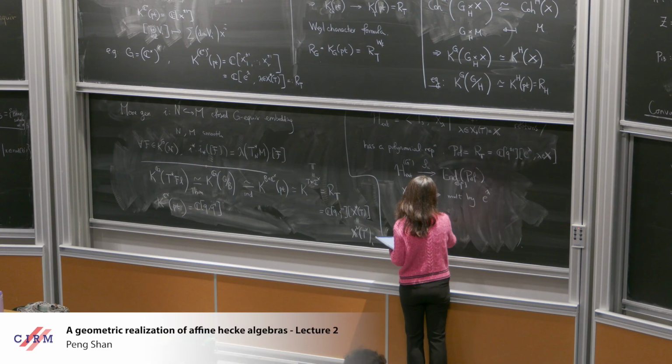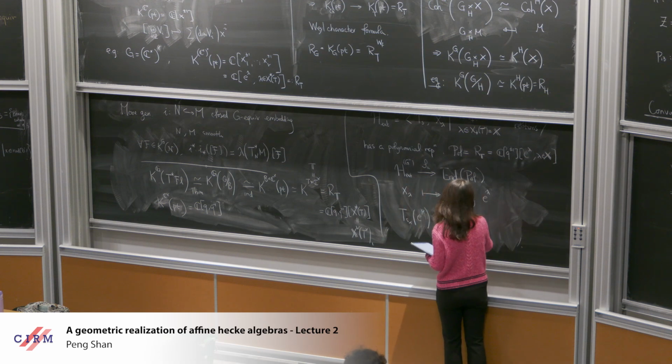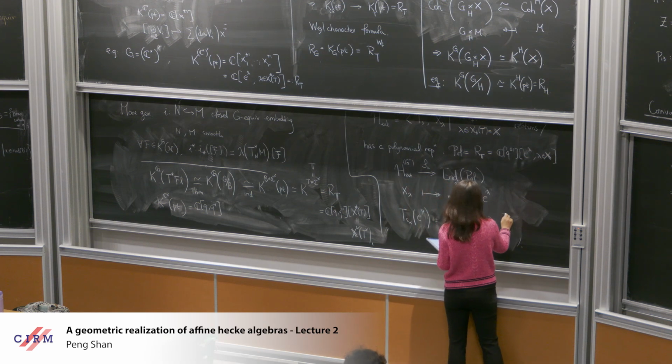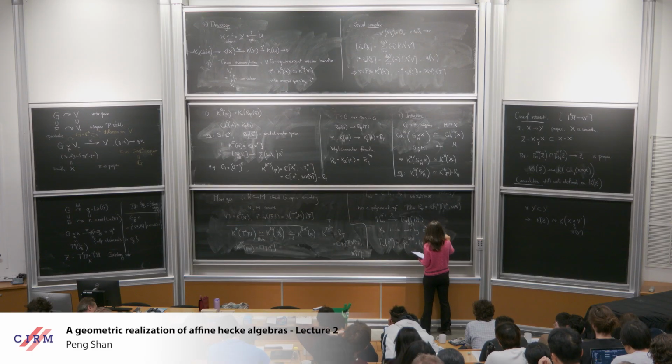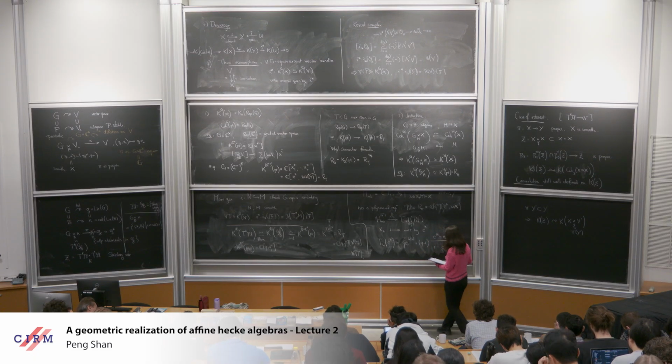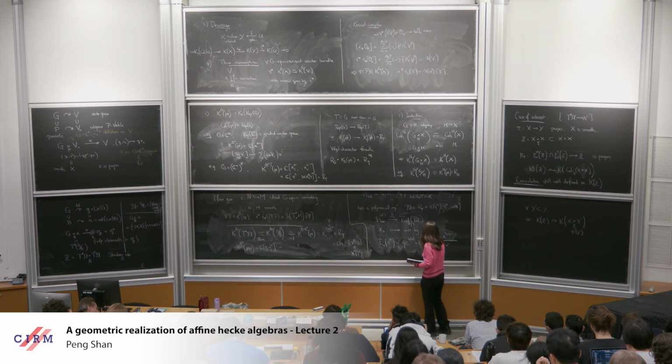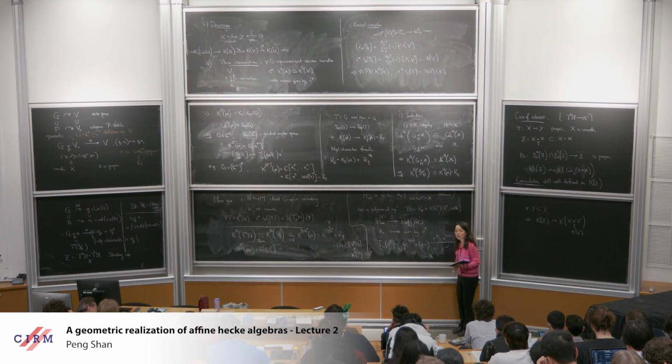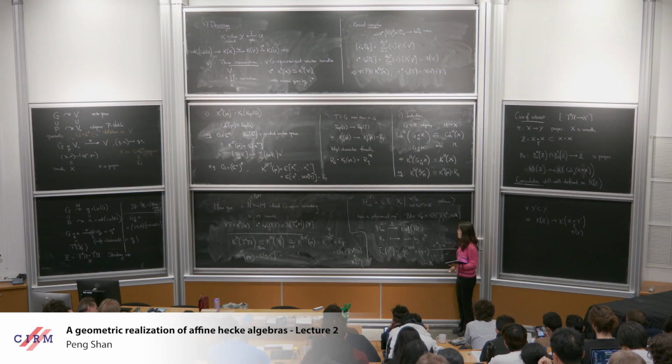This is given by q times e^{s_α μ} plus (q minus 1) times (e^μ minus e^{s_α μ}) divided by (1 minus e^{-α check}). Okay? For all μ belongs to X. It's an easy exercise, just using the relations I've written yesterday, to check this is well defined.